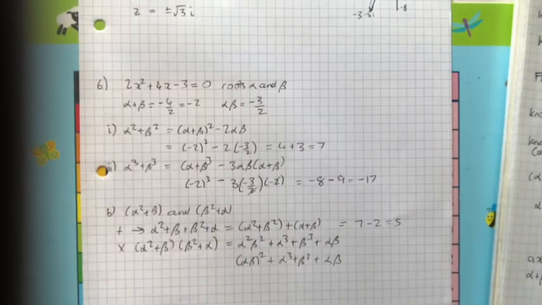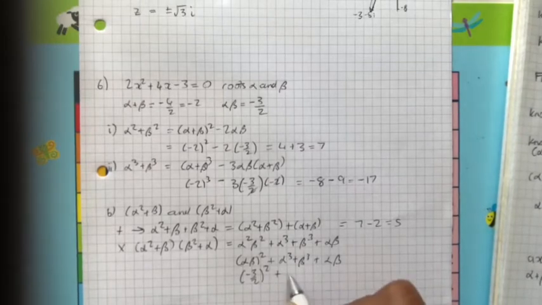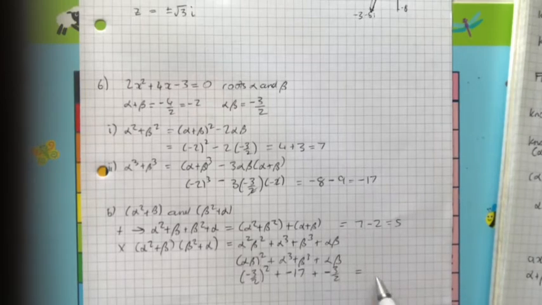So alpha beta squared, minus 3 over 2 squared, plus alpha cubed plus beta cubed, which is minus 17, plus alpha beta, which is minus 3 over 2. And if you work that out on your calculator, it'll give minus 65 over 4.